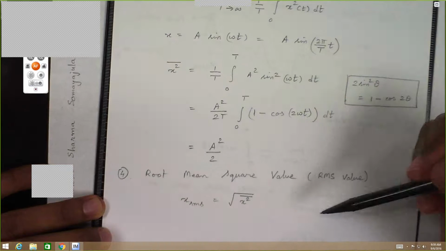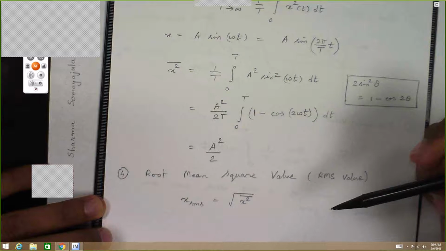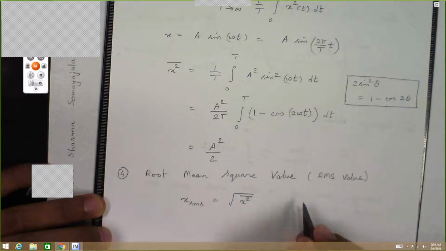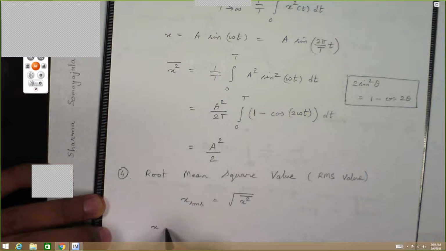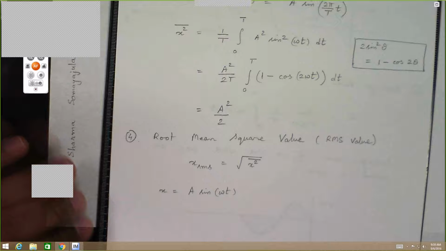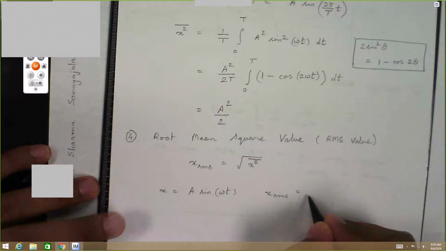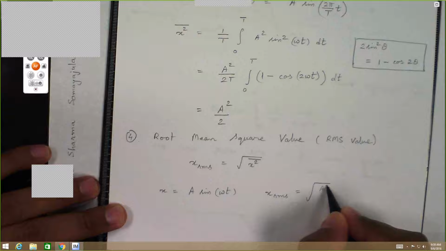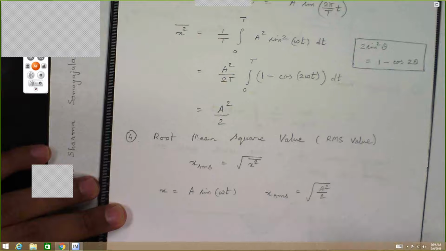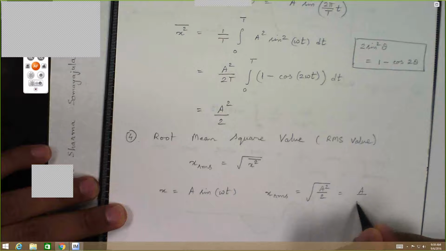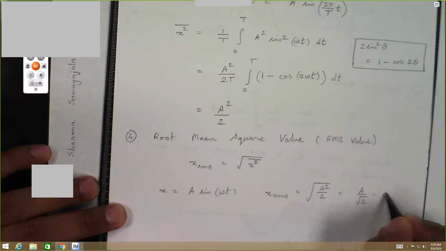We just take a square root of it and we get root mean square value. So if x is a sine omega t, then x RMS is nothing but square root of a square over 2, as we found before, or a over square root 2. That's roughly 0.707 a.